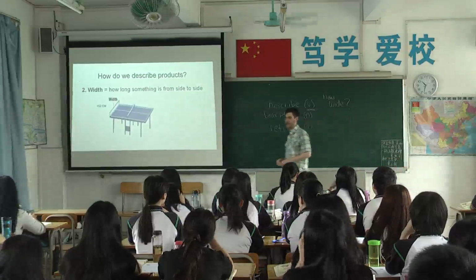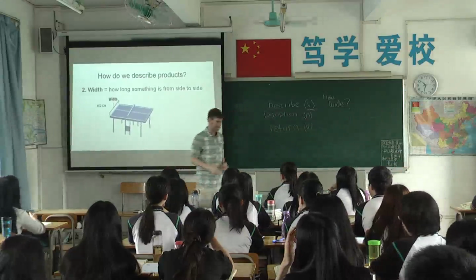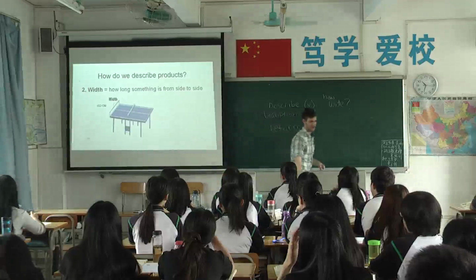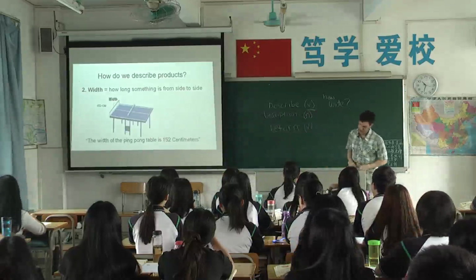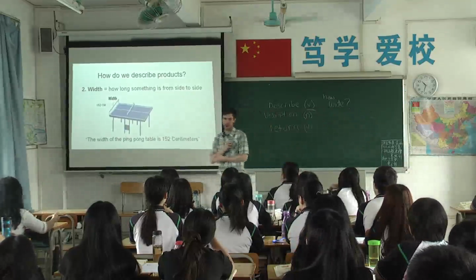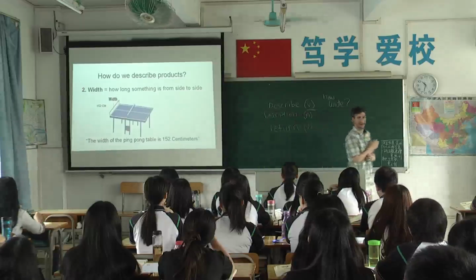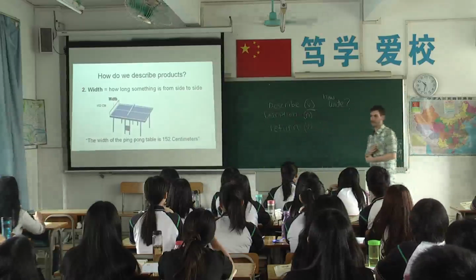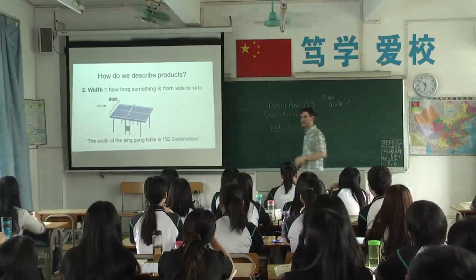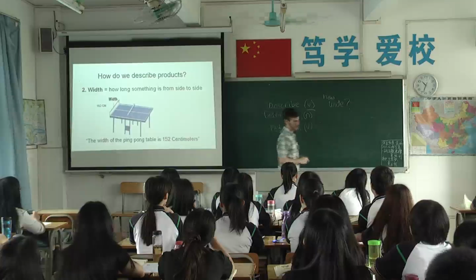What would you say? The width of the ping pong table is 152 centimeters. Good job. Very simple. You cannot mess this up. You just say the width is and how long it is, or how wide it is. Okay? Very good job.